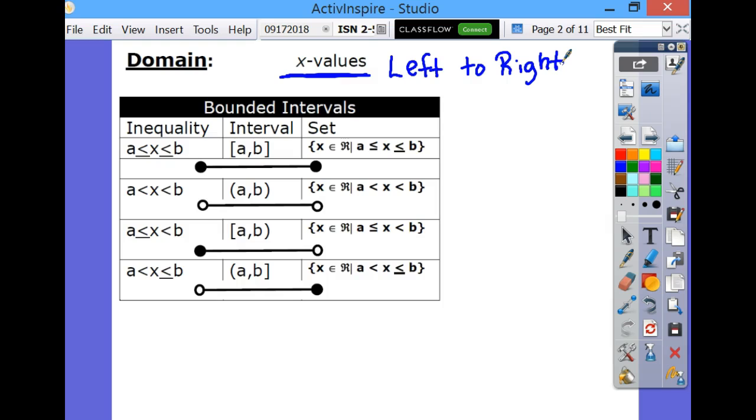Just like we were doing last week, if there were 2 endpoints, this is how you format the inequality with 2 endpoints. This is how you do the interval notation. This is the same thing we were doing last week, just all together in one chart.